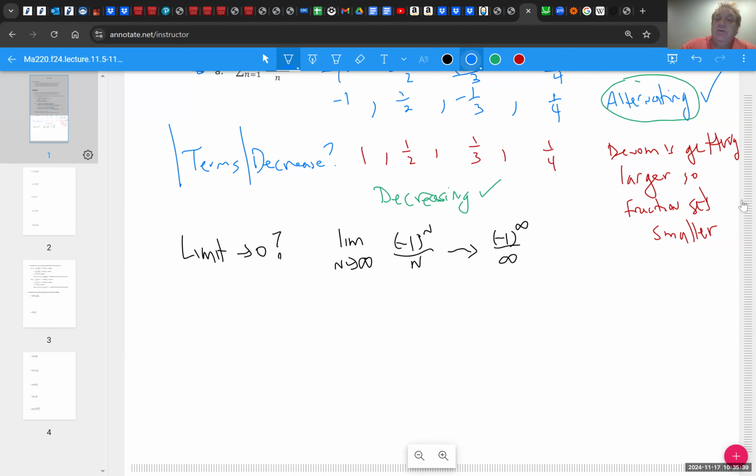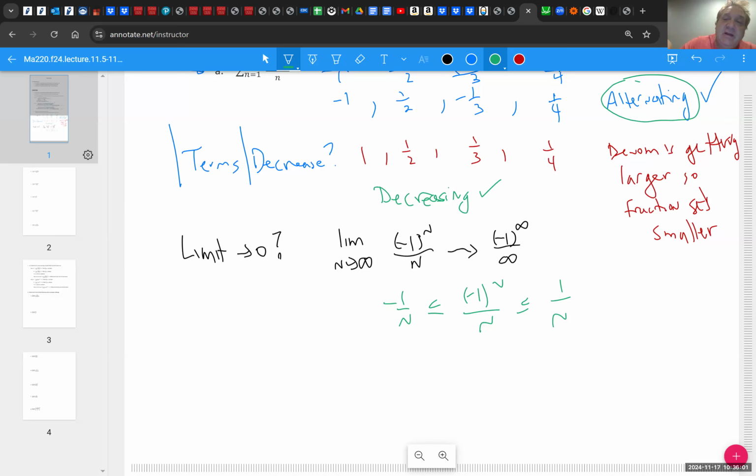So what you would do is a little squeeze here, saying it's between -1 over n and +1 over n. We've done this before in a previous video. If you watch my previous videos, (-1)^n is between -1 over n and +1 over n, because (-1)^n just goes between positive and negative.